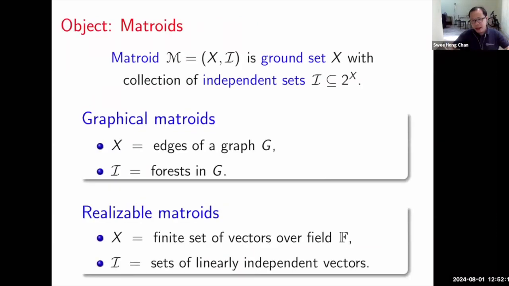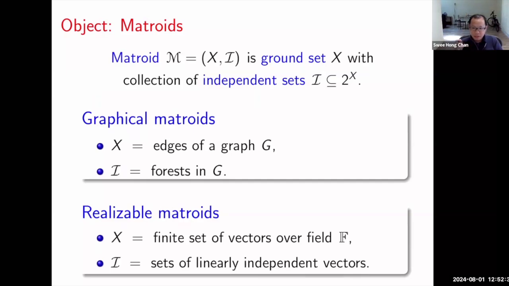So a matroid M, you should think of it as something with two inputs: a ground set X, and a collection of subsets of the ground set called the independent sets. These independent sets need to satisfy two properties.